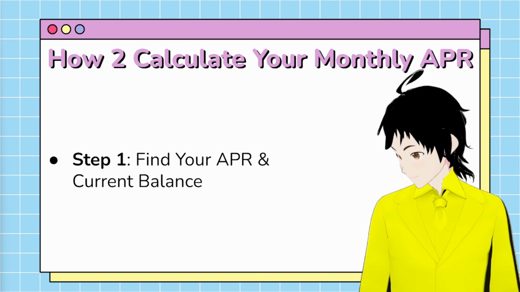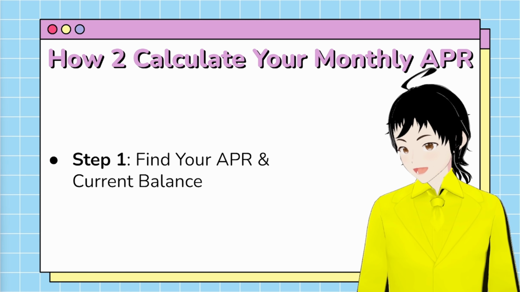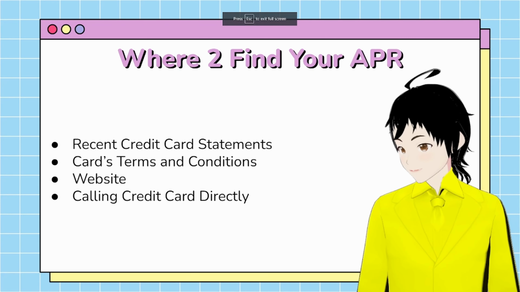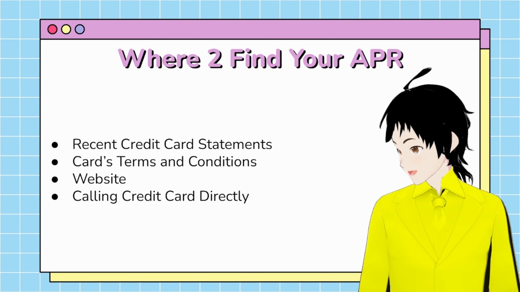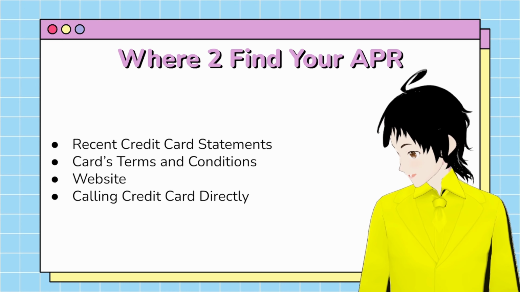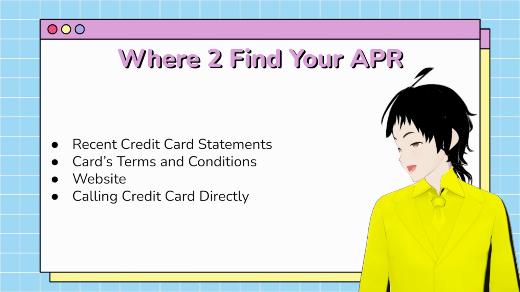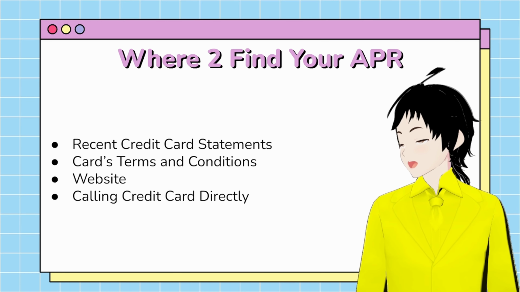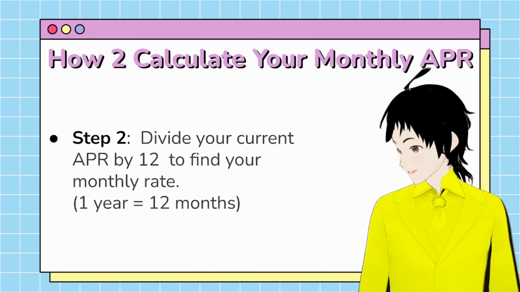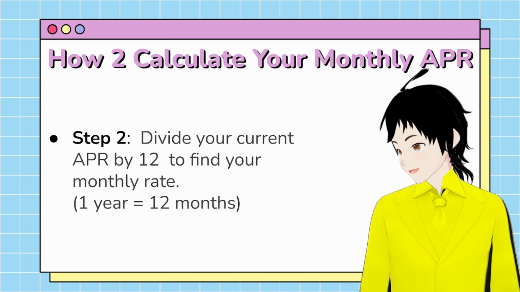Alright, step 1, find your APR and current balance. You can find your APR with the following: your recent credit card statement, your card terms and conditions, the official website, or calling your credit card provider directly. Alright, step 2, this is more math. We're going to divide your current APR by 12 to find your monthly rate.